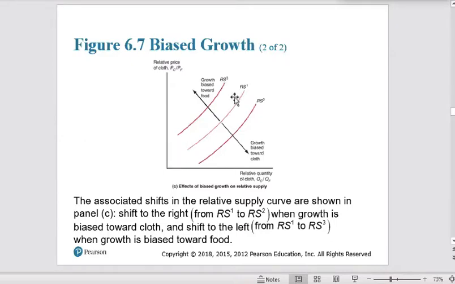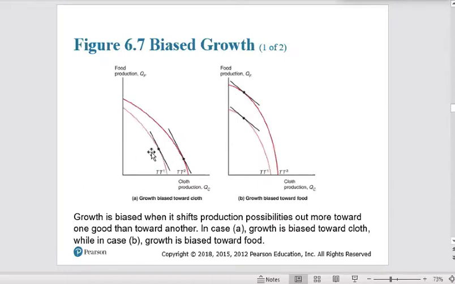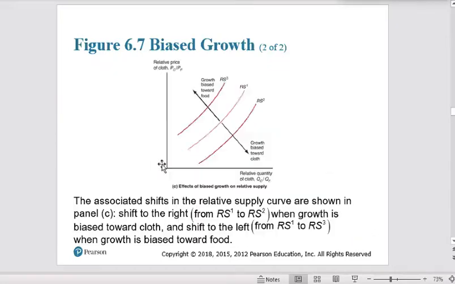Suppose there's a technological improvement in clothes manufacturing. People become better at manufacturing clothes, making it cheaper, easier, and faster. There will be more clothes supplied to the market relative to food production, and therefore there will be a right shift of the RS curve, the relative supply curve, from RS1 to RS2.